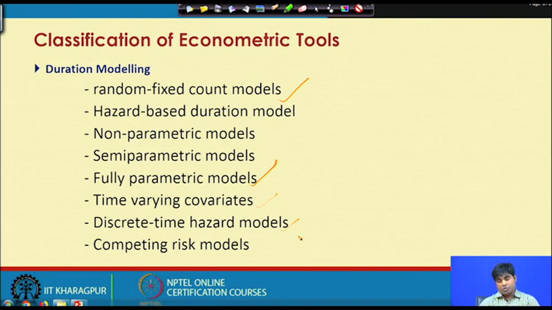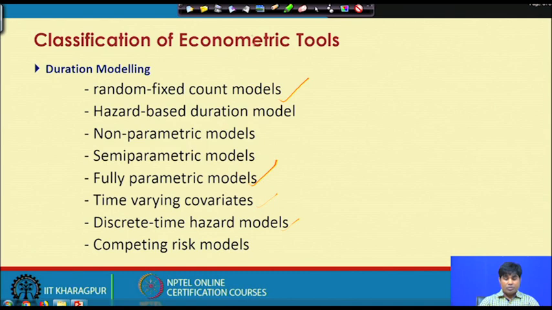So, these are all special categories under this kind of econometrics basket, where we can address some of the engineering problems in a much more effective way.